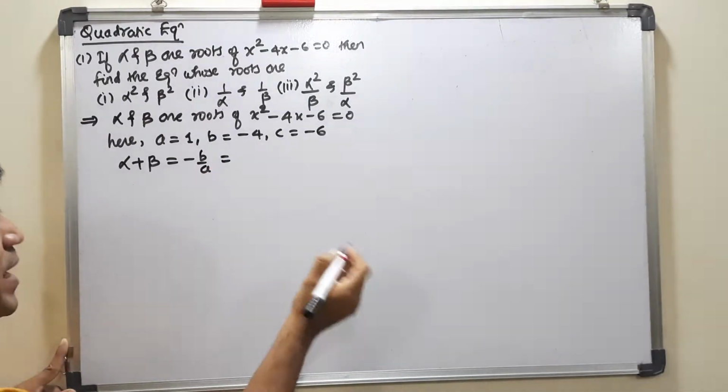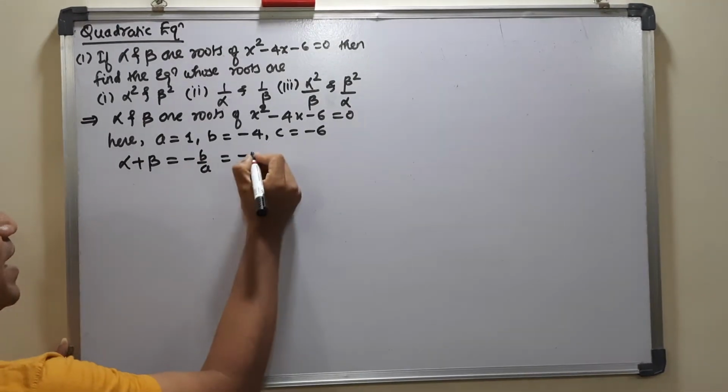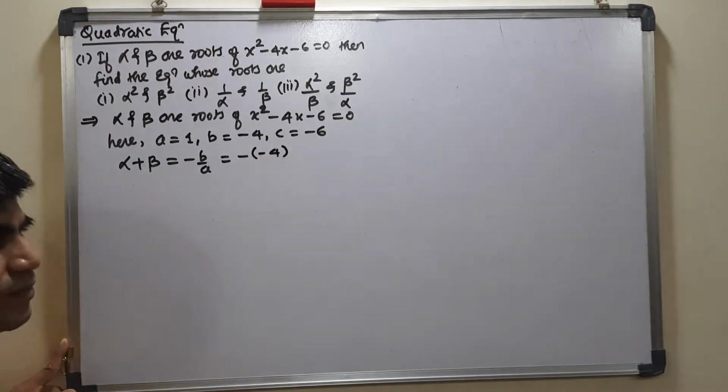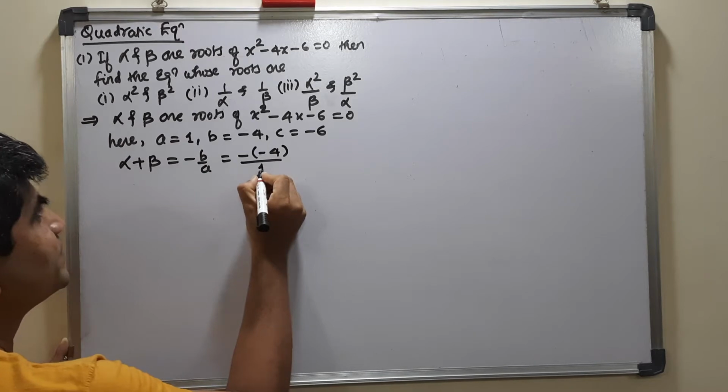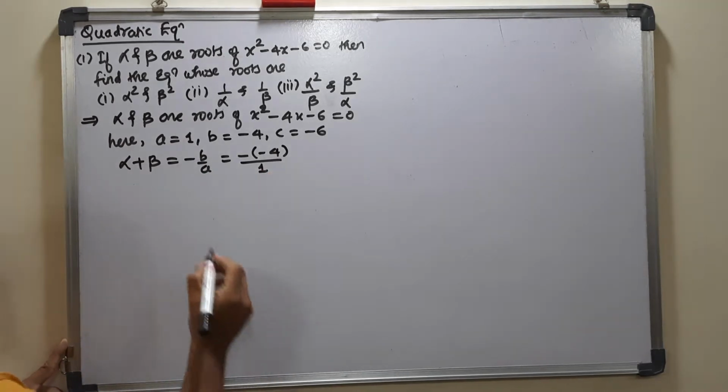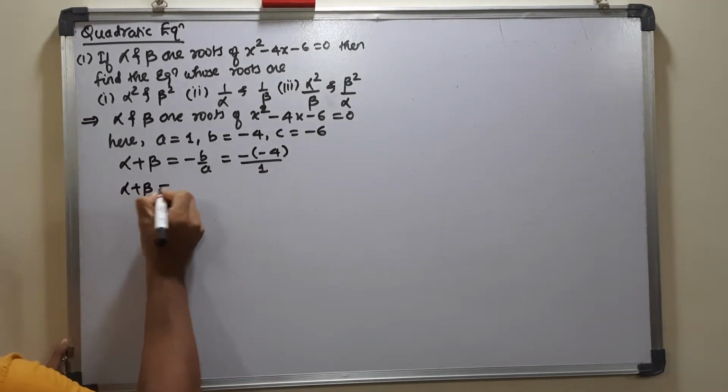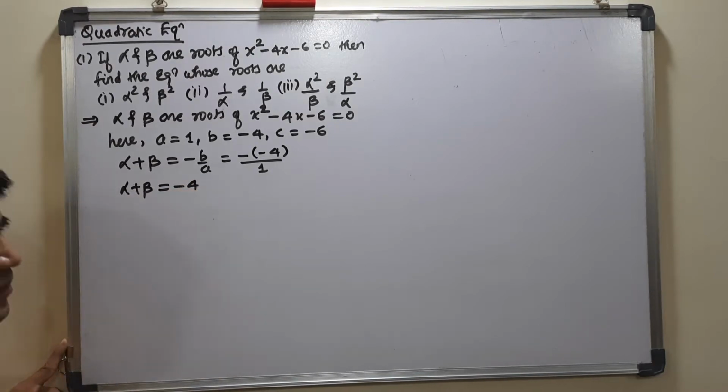That is minus, and b is already minus 4, upon a. A is your 1, right? So what you get? Alpha plus beta is minus 4.